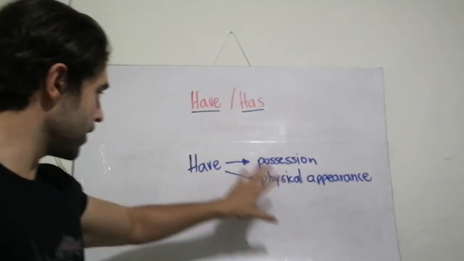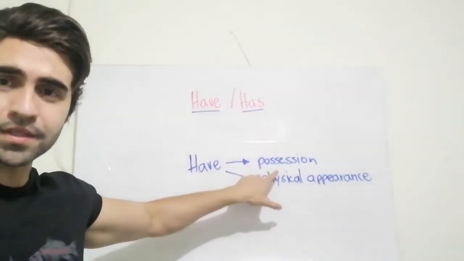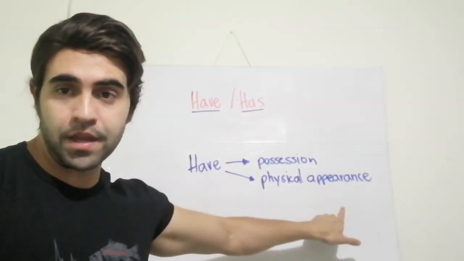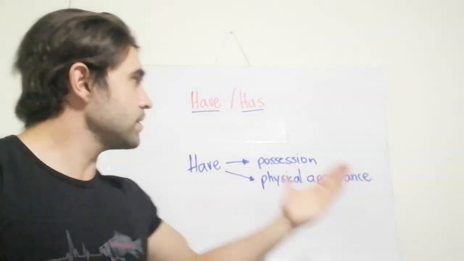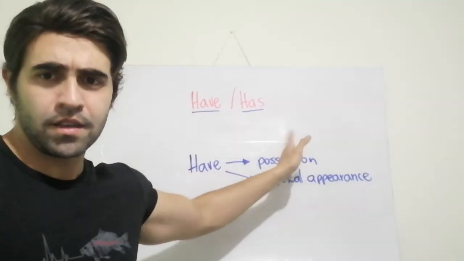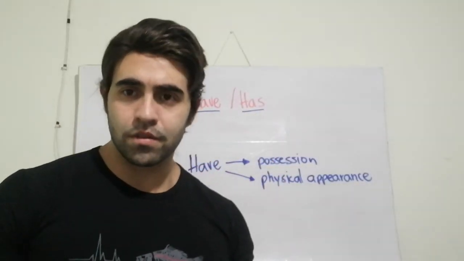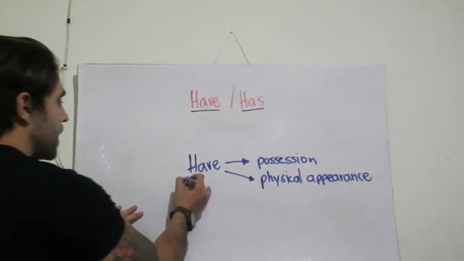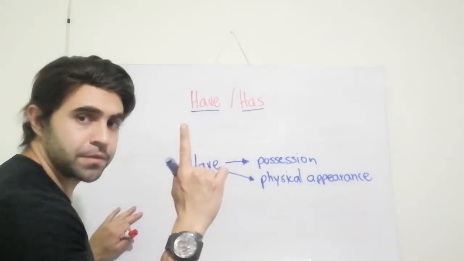Now you say, okay, I understand that we use have to talk about possessions and we use have to talk about physical appearance. But what's the real difference between the verb have and the verb has? What is the actual difference between these two verbs? Well, when you talk about the verb have, we use it for first person.